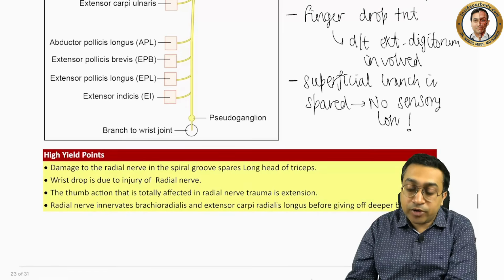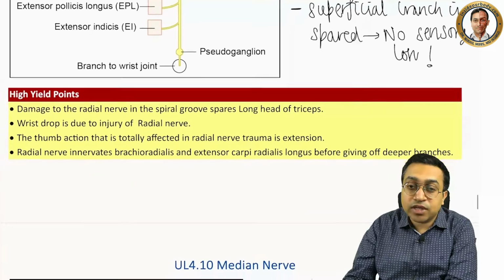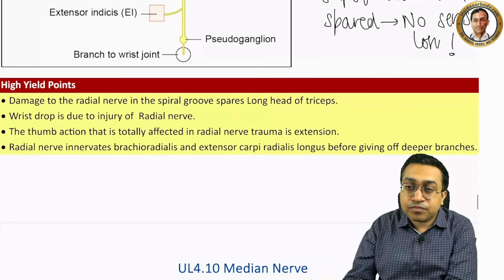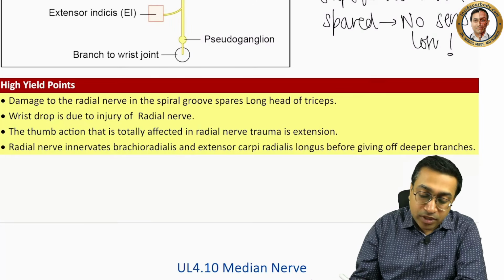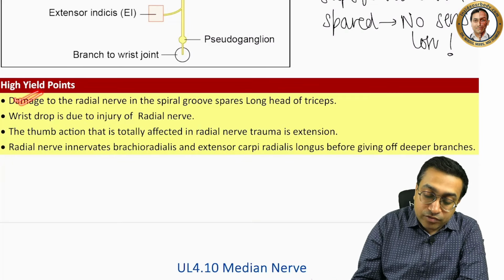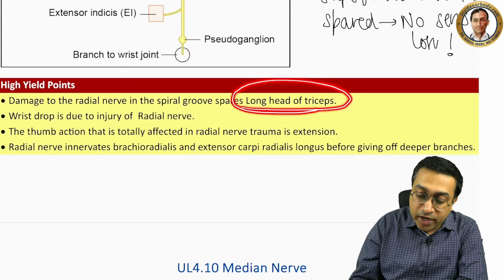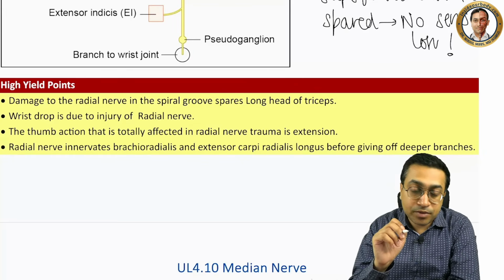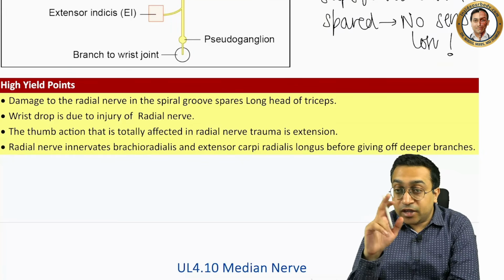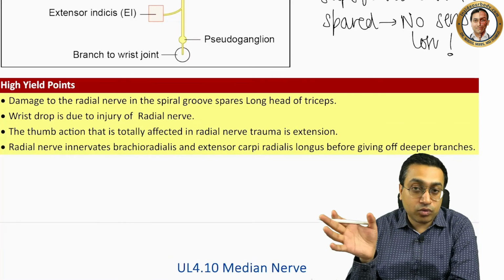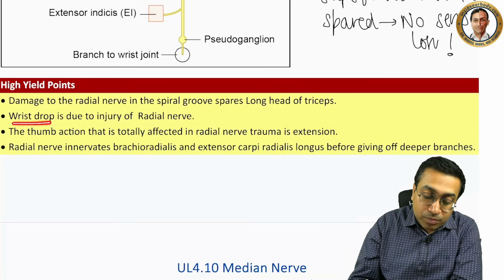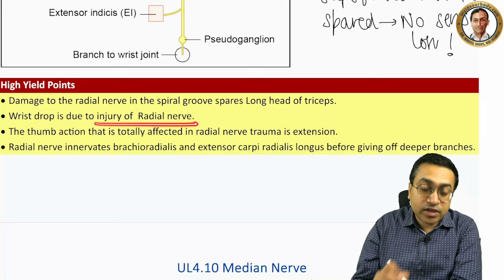Now high yield points from this nerve before we jump to the next, a few points to remember. Damage to the radial nerve in the spiral groove spares the long head of triceps, that is important. In the radial groove we are talking about, the spiral groove. Then wrist drop is due to injury of the radial nerve.